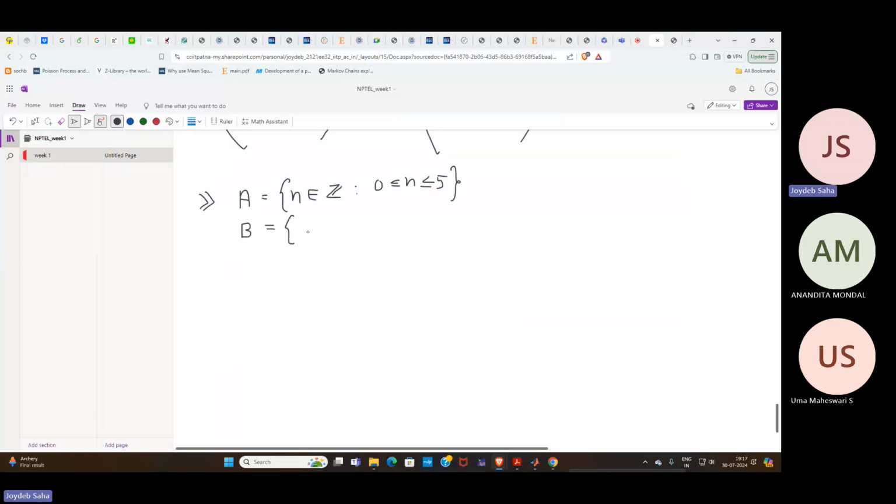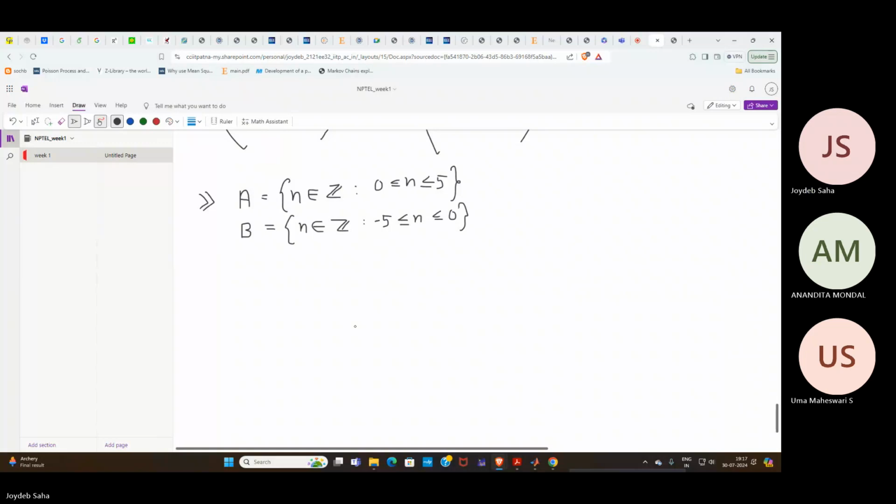We define it like n belongs to Z. Z is the set of all integers, including positive and negative, even and odd, with minus 5 less than or equal to n less than or equal to 0. There are two sets.